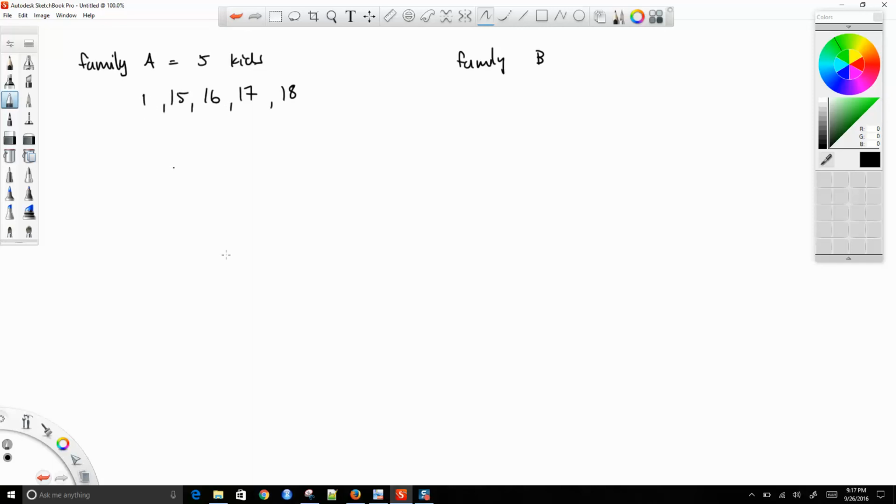And I wrote them down this way because generally when you give ages of kids, you start at the highest and you work down, but then when you write them, you generally write your smallest numbers in the beginning, right? Okay. And then we'll say family B, let's just say 18, 17, 16, 15, and 14, okay?